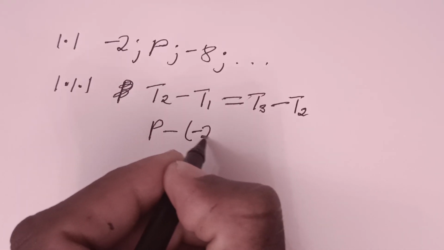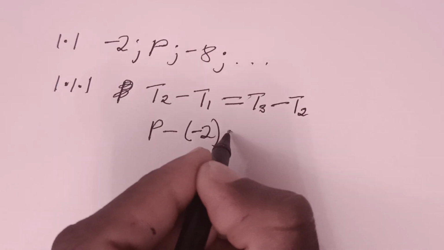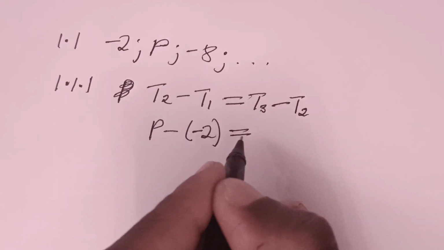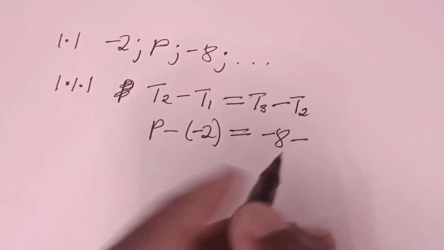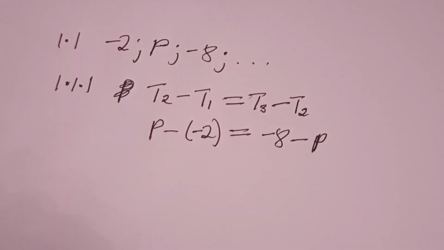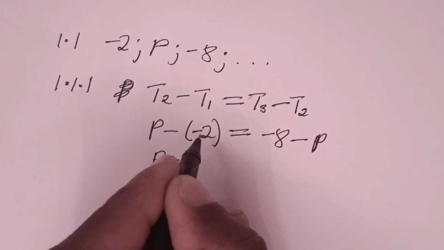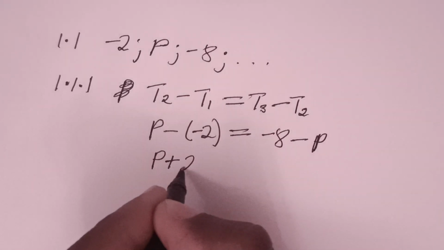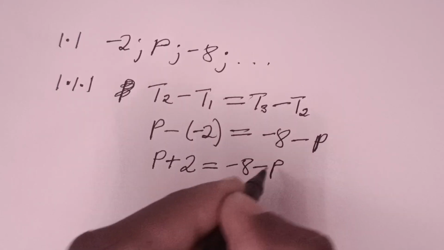T1 is -2, so it's minus -2 equals T3, which is -8, minus T2, which is just p. That, of course, an enemy of an enemy is a friend. -8 minus p.